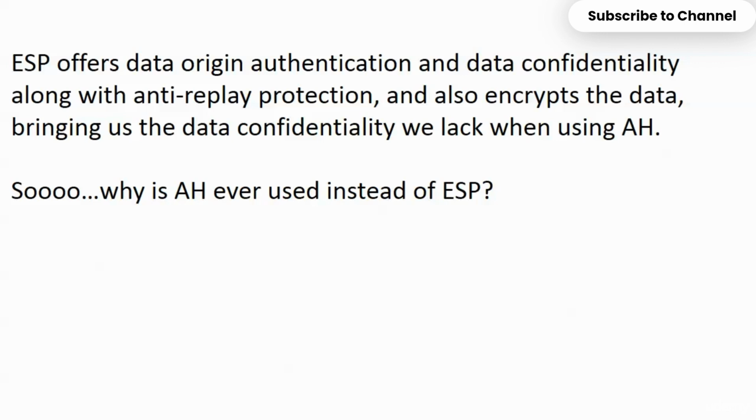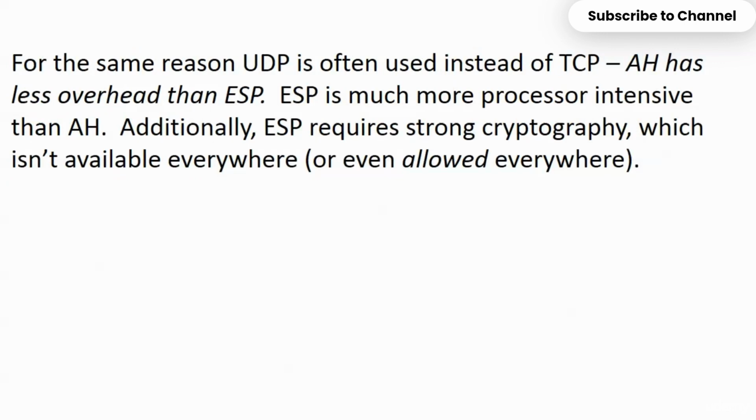And why did we do that? Overhead. And that is one of the reasons that you would choose AH over ESP, is that AH has much less overhead than ESP does. ESP is much more processor intensive than AH. The actual encapsulation and de-encapsulation itself is a lot of extra work for the router that it doesn't have with AH.